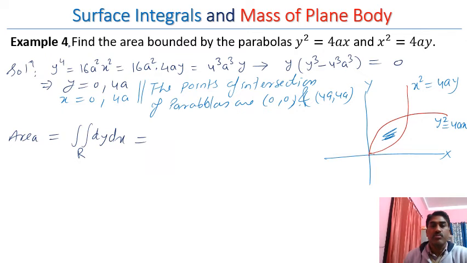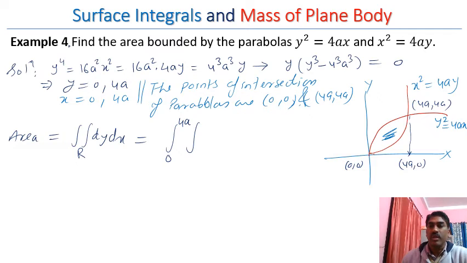So let us just put the limits. What are the limits? So you can see that this point is (0, 0), this point is (4a, 4a), means the point corresponding on x-axis is (4a, 0). So just put the value of x, means limit of x from 0 to 4a. We have discussed so much for this.